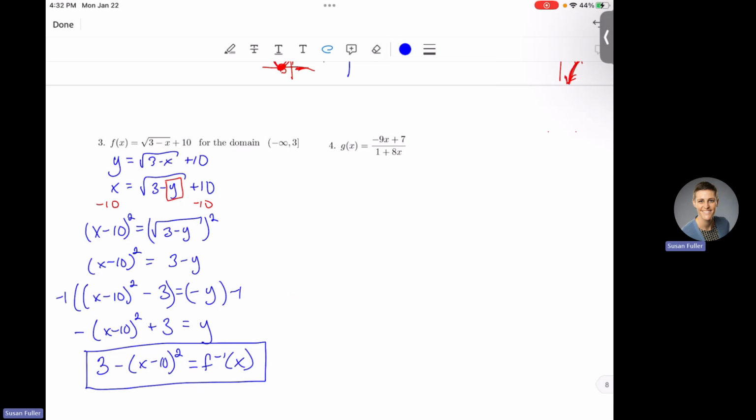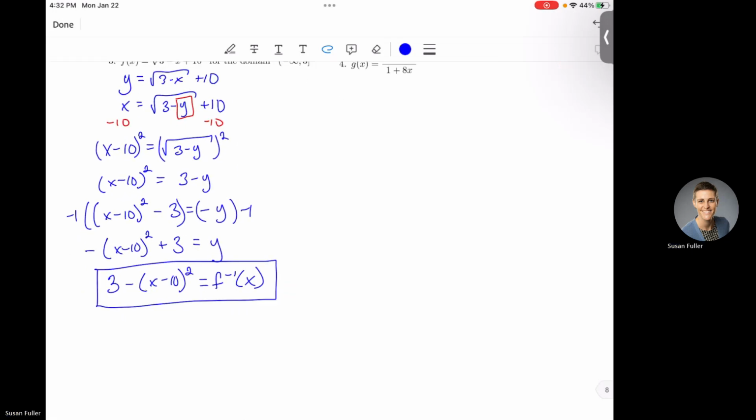All right. Now, we need to find the domain of this. Well, do I have a fraction, a root, or a log? Nope, I don't have any domain rules. So that means my domain is negative infinity to infinity.